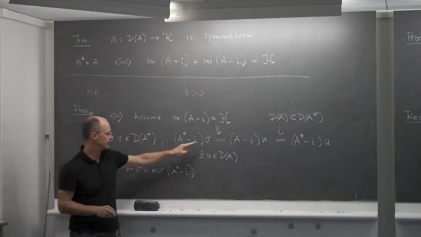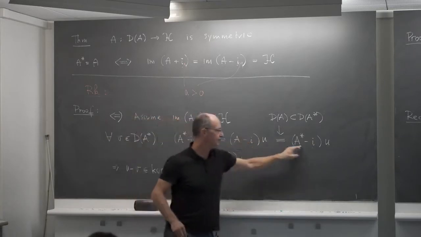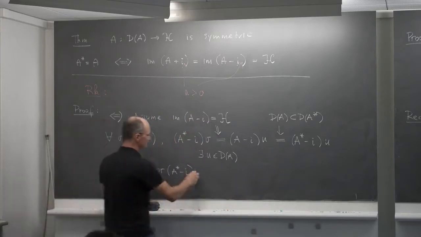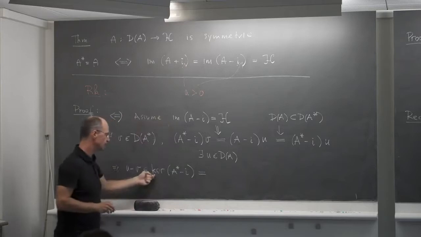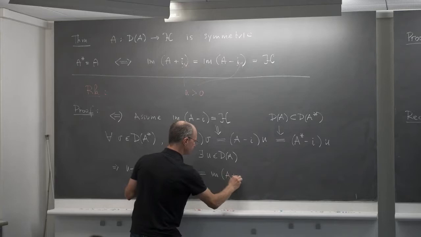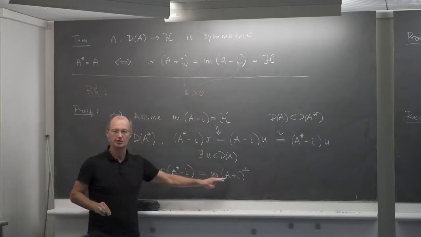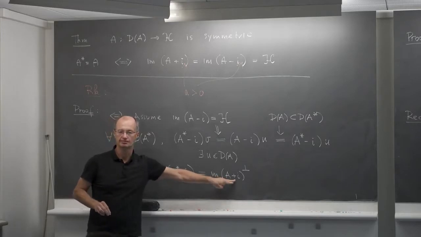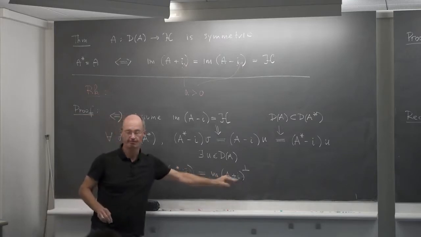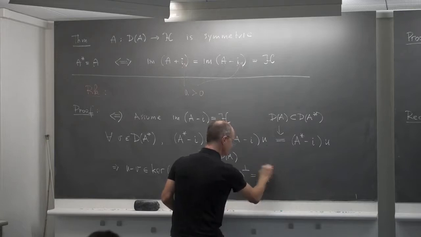Right? Because simply the image of A star minus I v is equal to the image of A star minus I u. But then, by one of the properties that we showed last time, this is the same as the orthogonal of the image of A plus I, because that's the adjoint of A plus I. But then this is the same as H orthogonal.